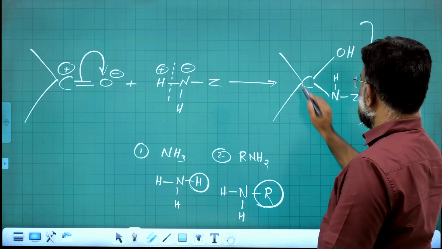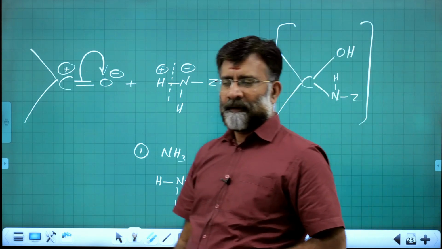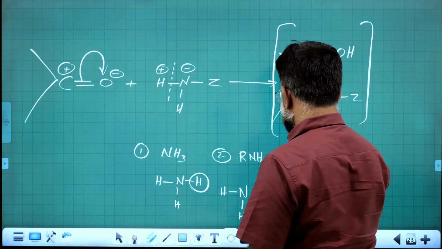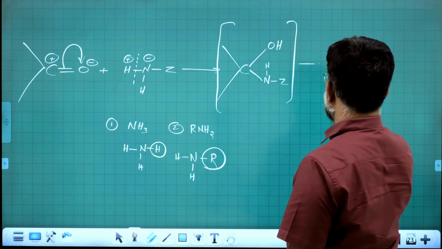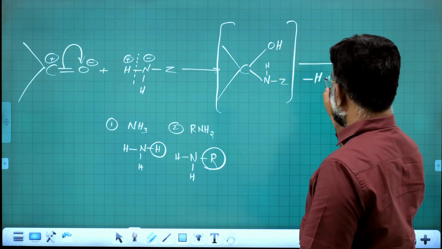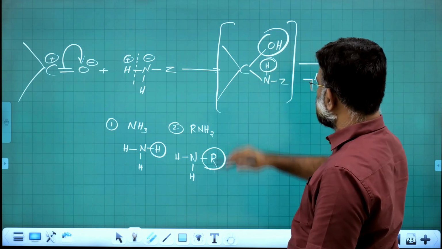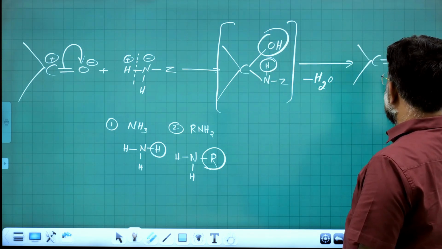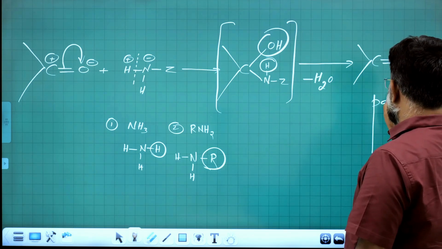So this is the addition product obtained. Now this addition product can eliminate a simple molecule like water. This OH group and this hydrogen go out as water. So what is the result? C double bond NZ. This is the final product.